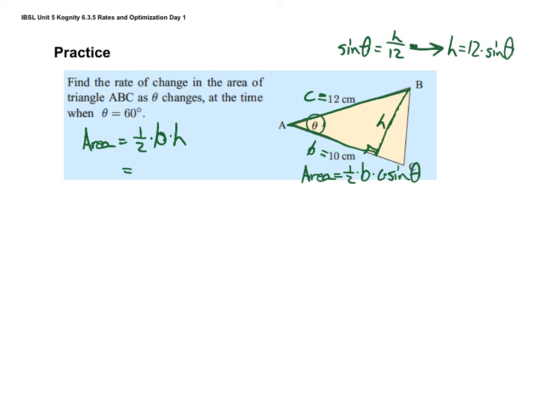Typically, it rolls off the tongue a little easier if we use 1/2 AB times the sine of angle C. The key here is that you have side angle side: the two sides and the angle between them.